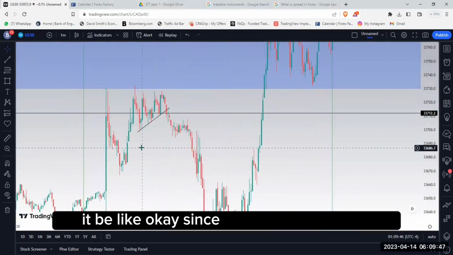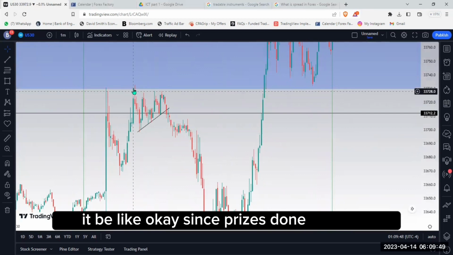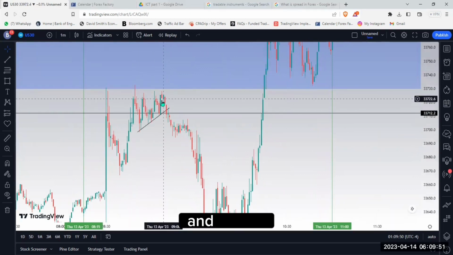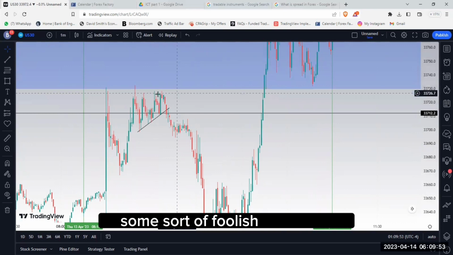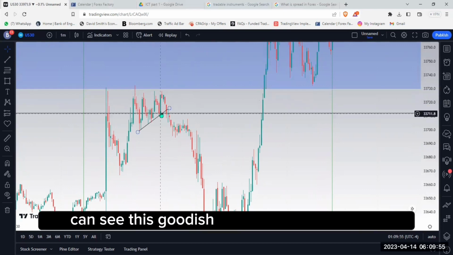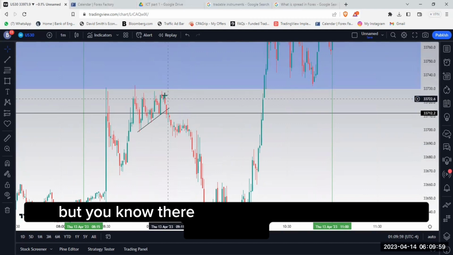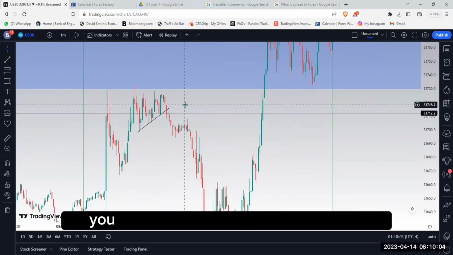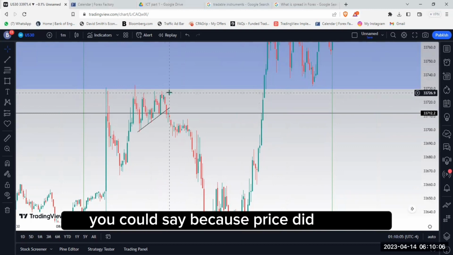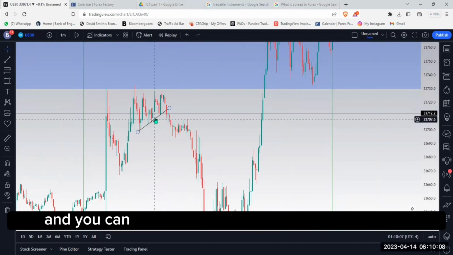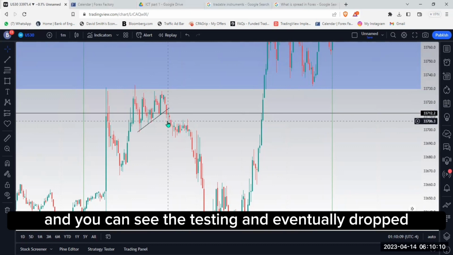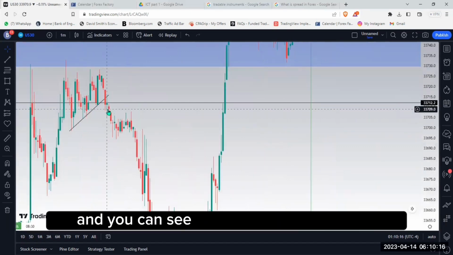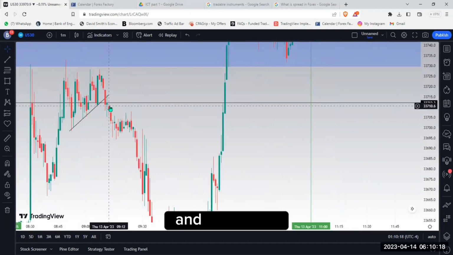You'll be like, okay, since price has done this here and there's some sort of bullish weakness, you can see this bullish candle went up hugely, but there was a significant amount of weakness. You can see the testing, and eventually it dropped. Price tested the trend line and gave you this.